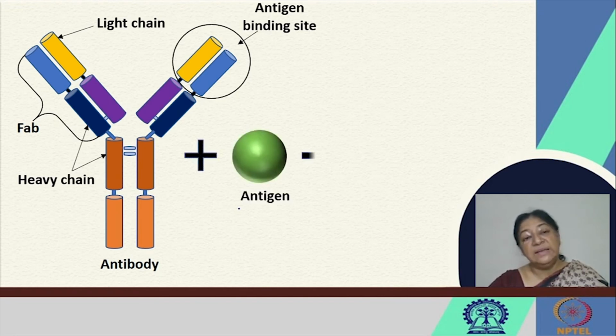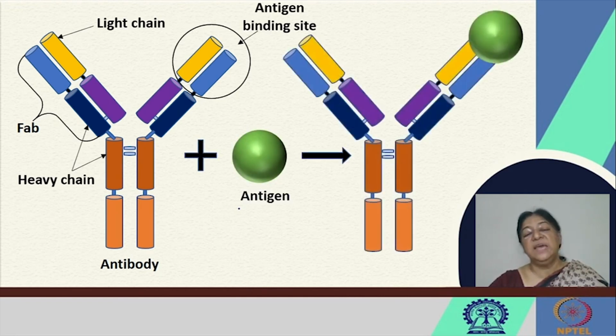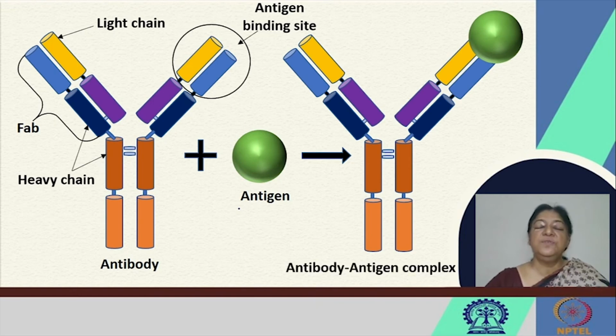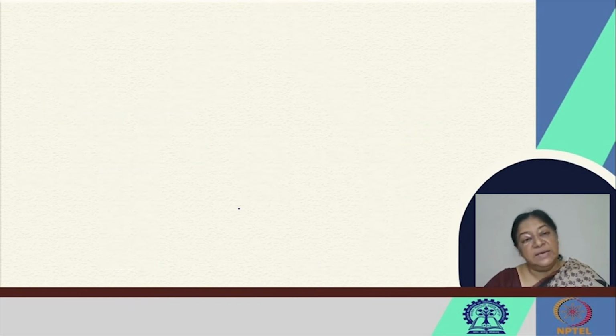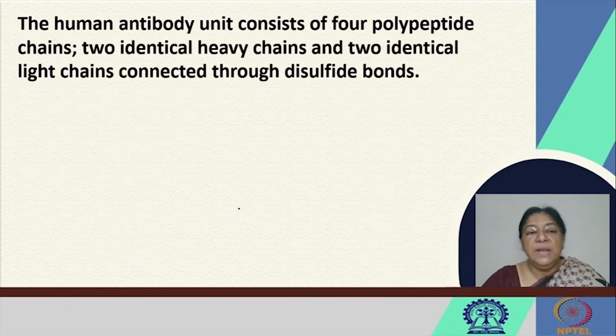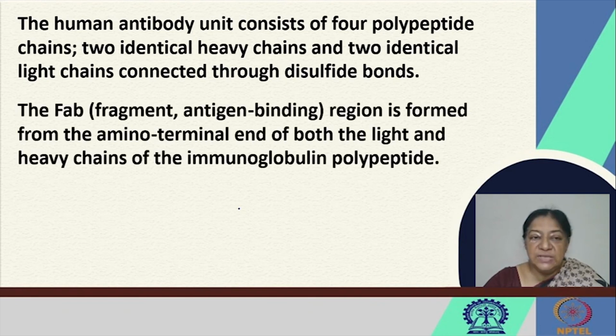So when we have the antigen, we have a specific antigen binding site that is going to bind to the antibody. Now, there are lots of variations that can occur in an antibody-antigen complex. The human antibody consists of 4 polypeptide chains: 2 identical heavy chains and 2 identical light chains that connect through disulfide bonds.